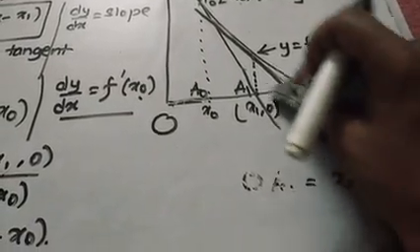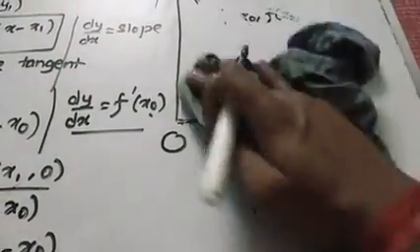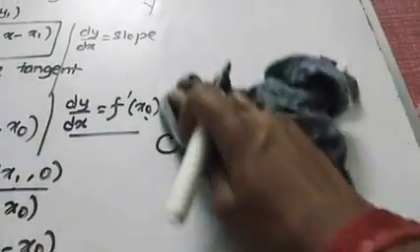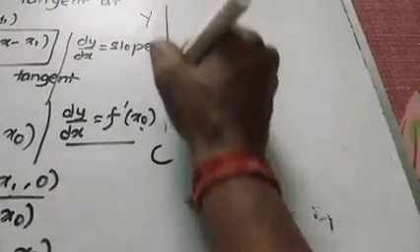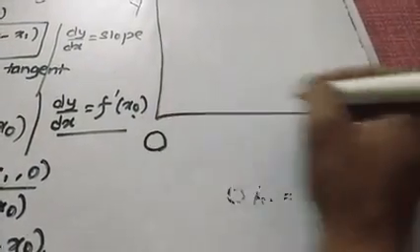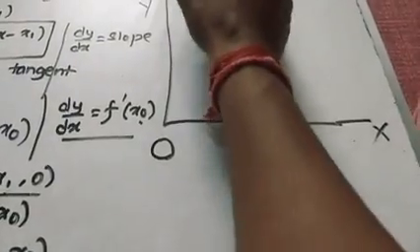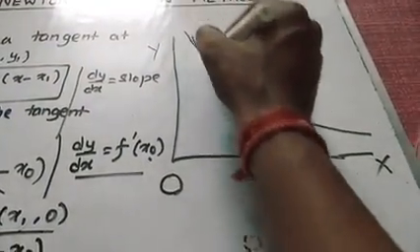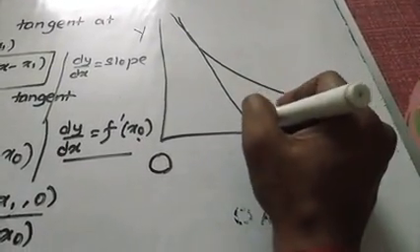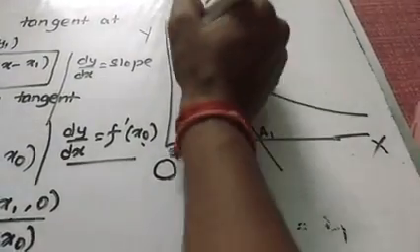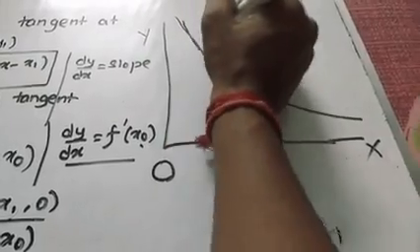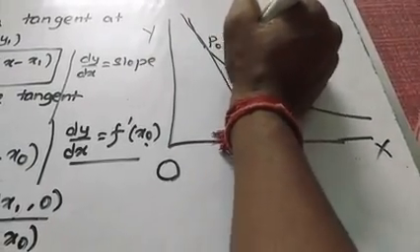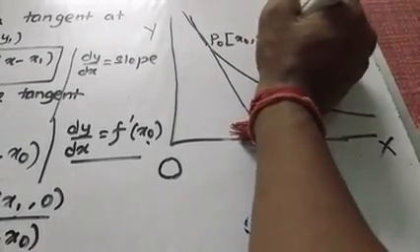Okay, let us draw again. Just draw the picture again. This was your curve. First of all, the tangent, this point is A1, this point was p0, x0 f of x0.